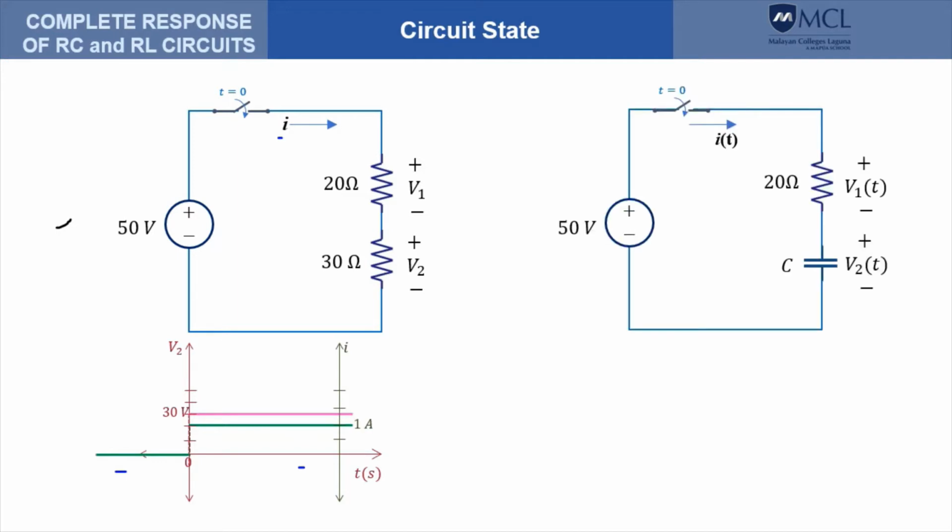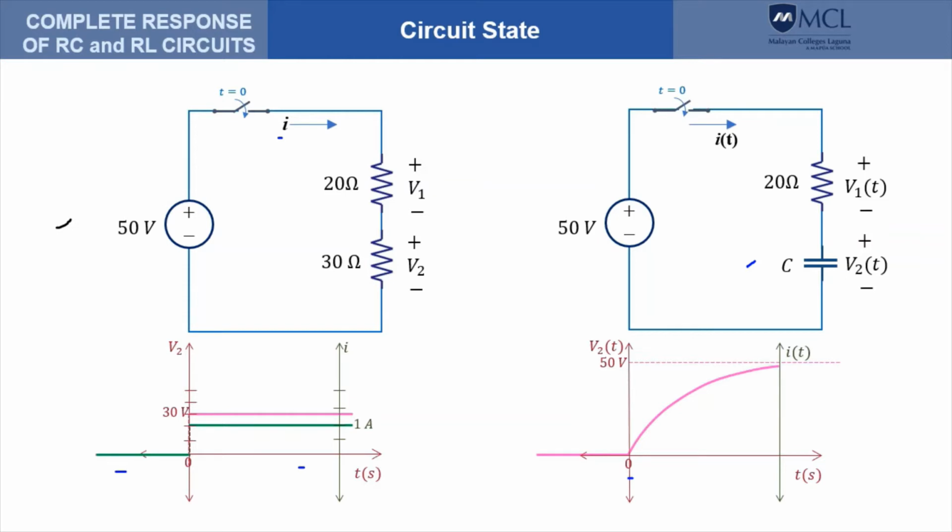Let's say I replace the 30 ohm resistor with a capacitor of unknown value, and I again plot the voltage V2 and I. Okay, so here is the plot. Take note that V2 is 0 before the switch is closed, and exactly at t equals 0 it is still 0, and from there it starts to increase until it becomes 50 volts.